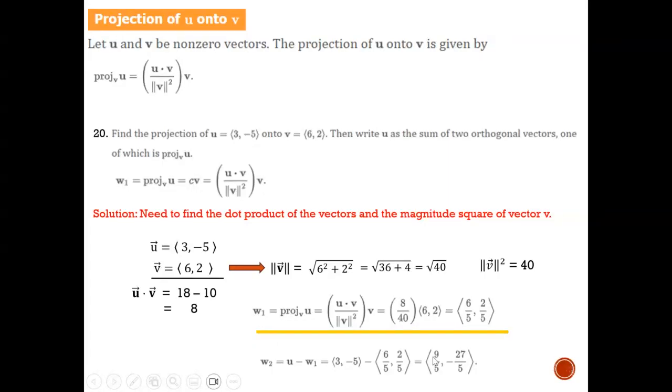And W1 is the vector that we just got, the projection vector, which is <6/5, 2/5>. So if we subtract 3 minus 6/5, it will give us 9/5. If we subtract -5 minus 2/5, it will give us -27/5. That's why this is my solution. Okay.